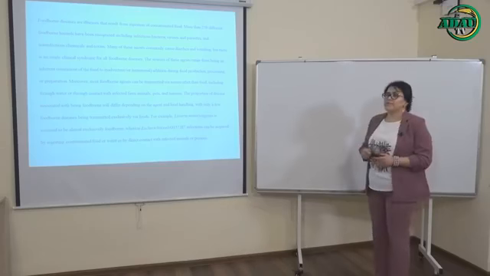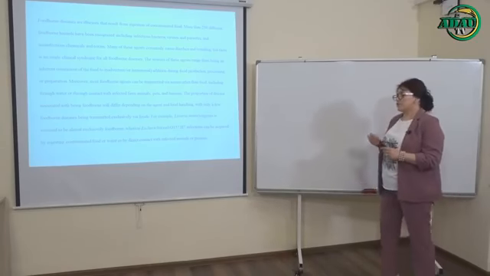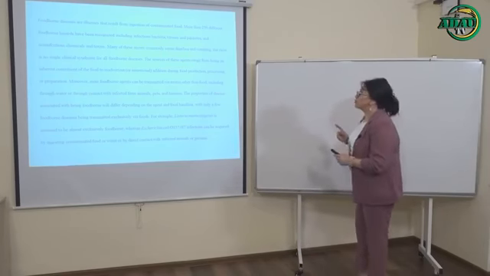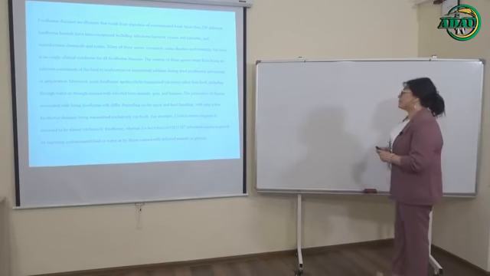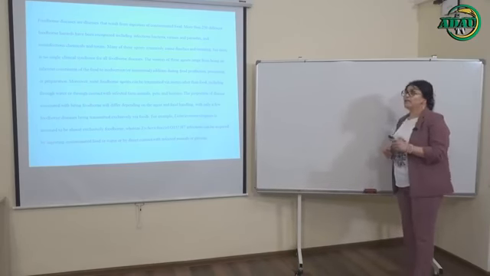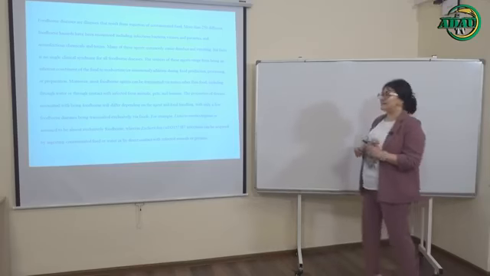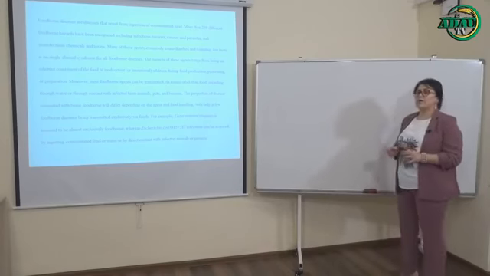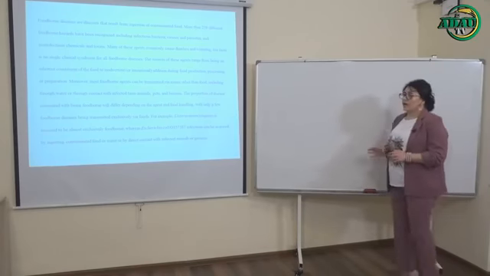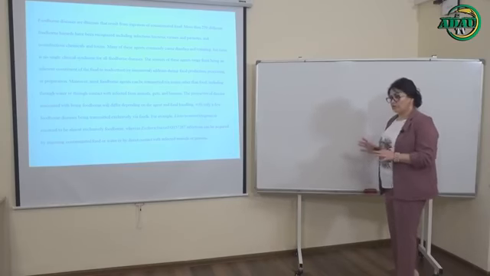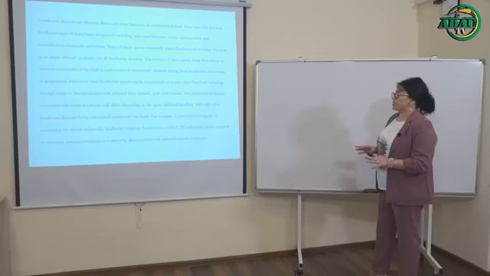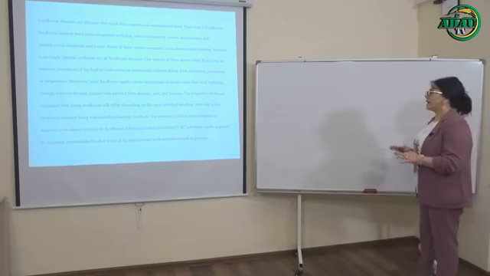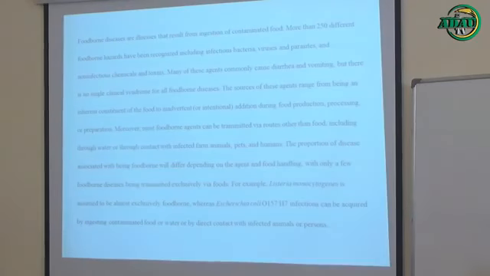I mentioned in previous slides that there are 31 most dangerous hazardous agents, but according to the World Health Organization, 250 different foodborne hazards have been recognized, including infectious bacteria, viruses and parasites, and of course non-infectious chemicals and toxins. Many of these agents commonly cause diarrhea and vomiting, but pay attention to this as well.